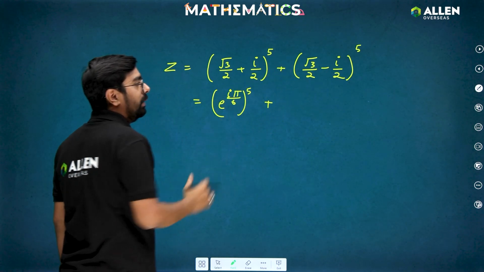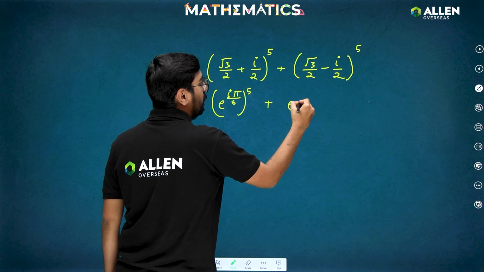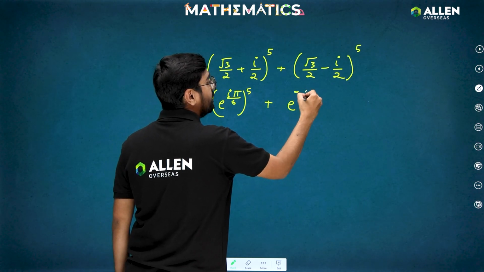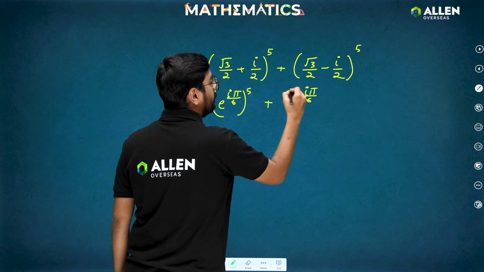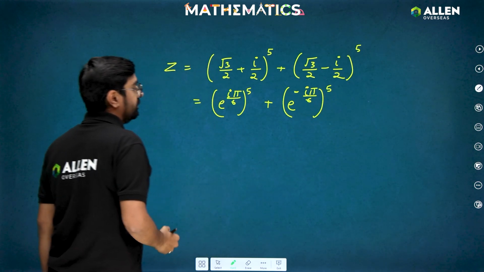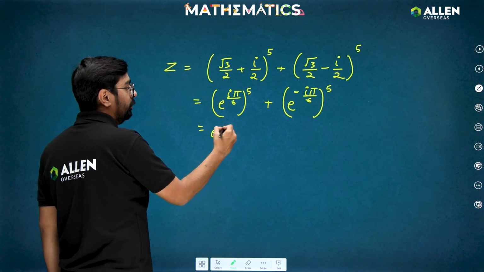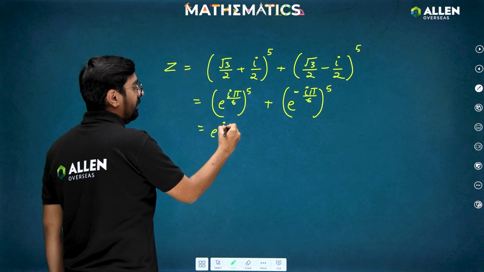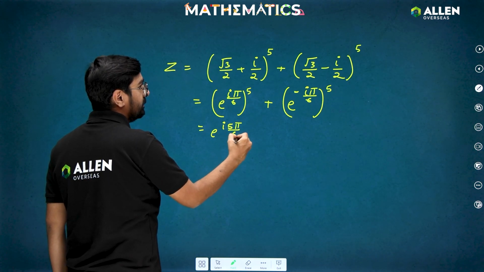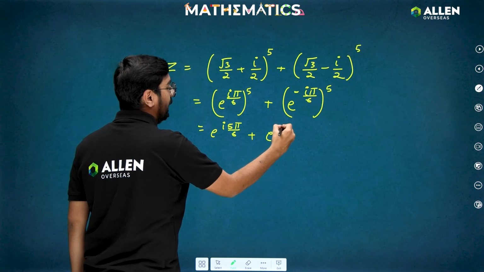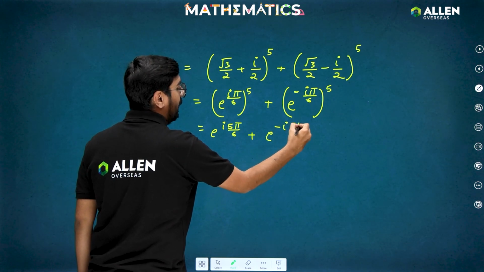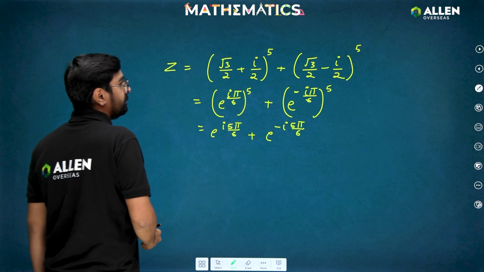And this root 3 by 2 minus i by 2 can be written as e to the power of minus i pi by 6, to the power 5. And now I can further write it as e to the power of i 5 pi by 6 plus e to the power of minus i 5 pi by 6.